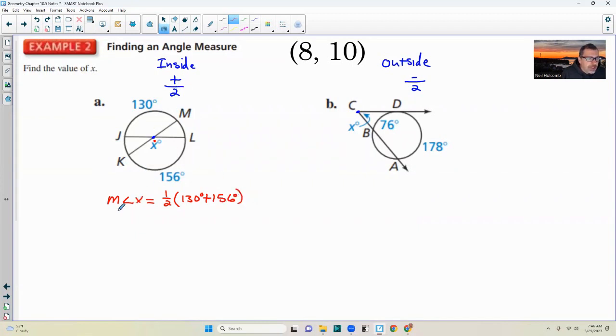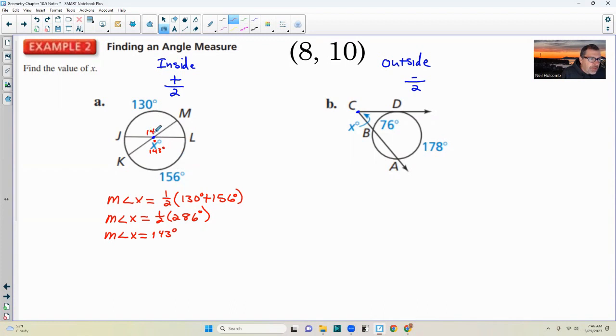If you're outside, you subtract. So the measure of angle x equals 1/2 times 286 degrees. Half of that is 143 degrees. So the measure of angle x is 143 degrees.